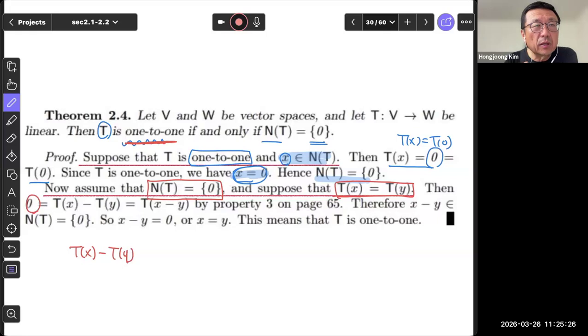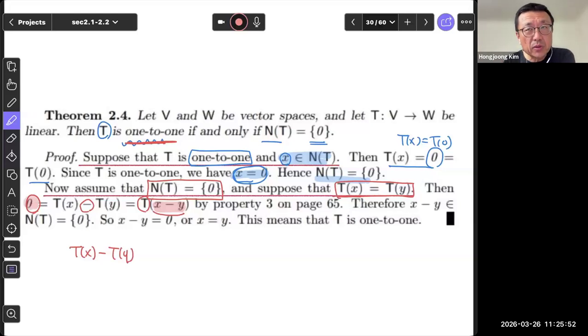But since T is a linear mapping, I can consider this a subtraction in the domain and then apply the T mapping. That was one of the properties of the linear mapping. So x minus y is mapped to 0.